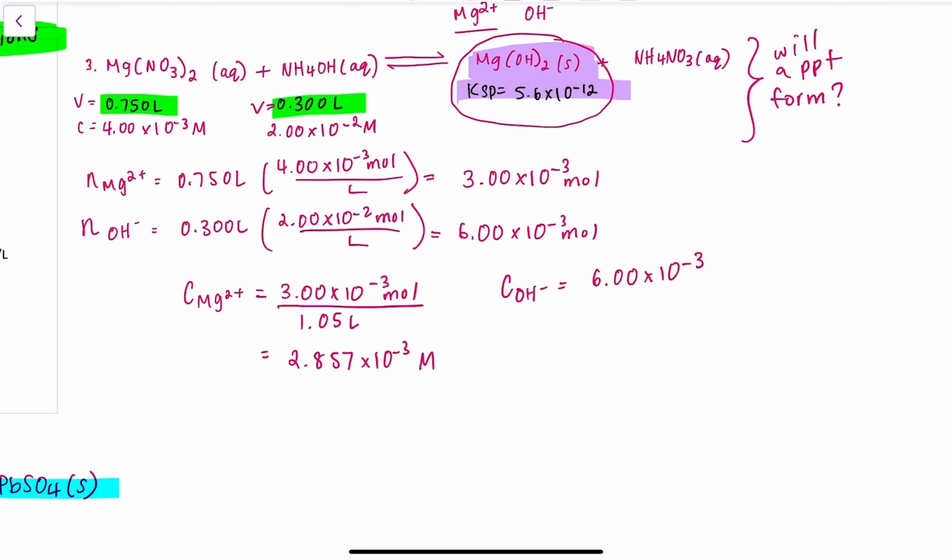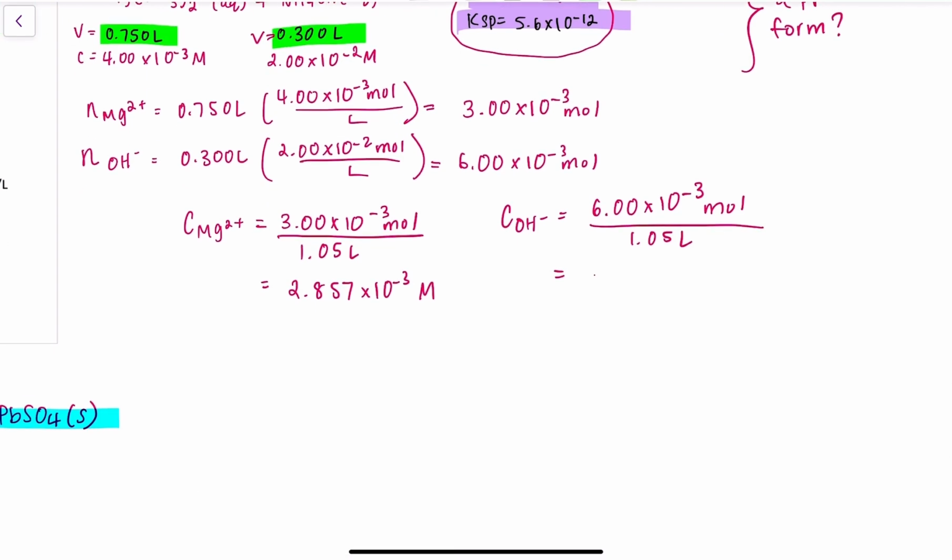Going to do the same thing for my hydroxide. So mole amount divided by the new volume, 1.05 liters, and I get 5.714 times 10 to the negative 3 moles per liter.